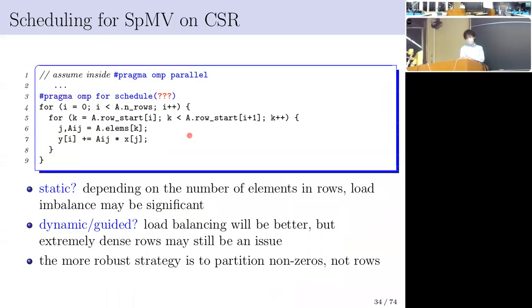I think it's a useful practice to think about how to apply this to the learning example we are using, which is sparse matrix vector multiplication, more specifically for compressed sparse row format. The issue is you have an OMP for loop and each iteration works on a single row. What kind of scheduling strategy is most appropriate for this?